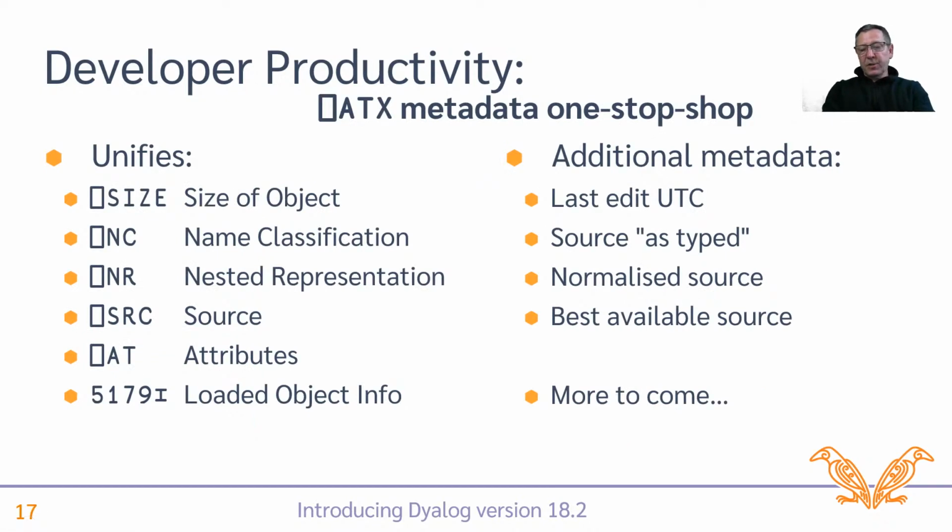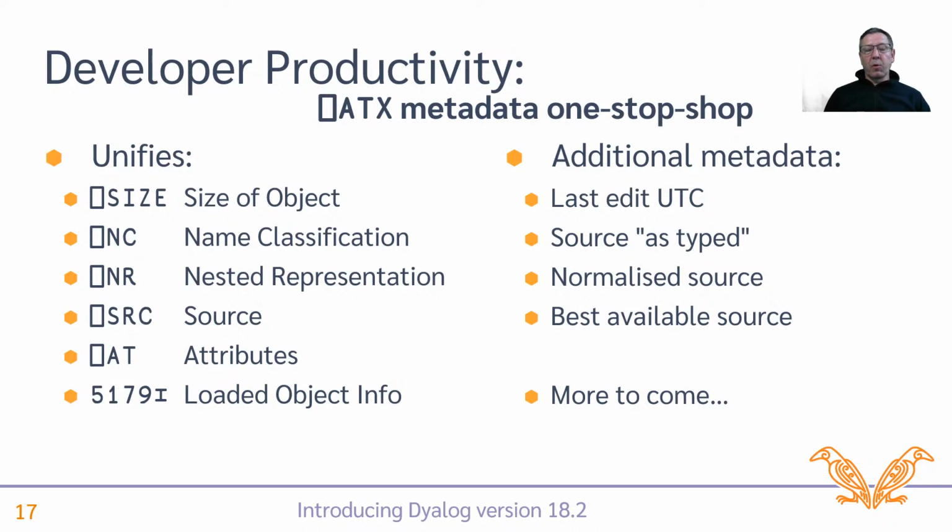This extension to Quad80X is something that I've been waiting for a very long time also. Historically in APL we've accumulated a very large number of system functions, like the ones named on the left-hand side of this table: quad size, quad name class, etc. And we've been trying to design for many years a single metadata function where you could ask for all sorts of facts about a name or about a data structure.